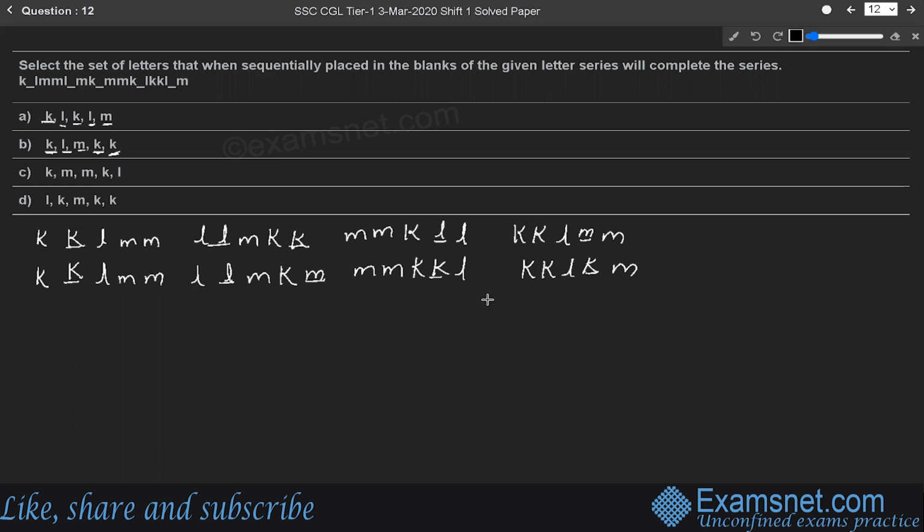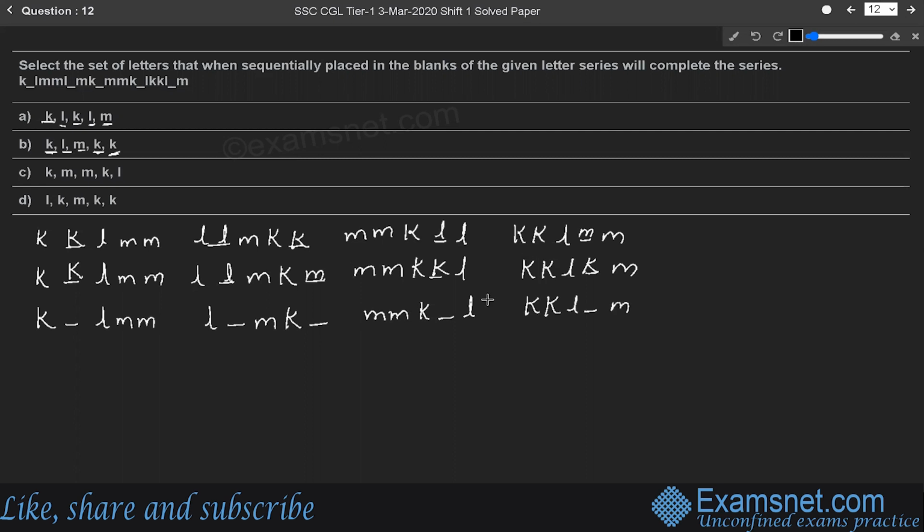Now putting the other two options too, the series is K blank L M M, L blank M K blank, M M K blank L and K K L blank M.